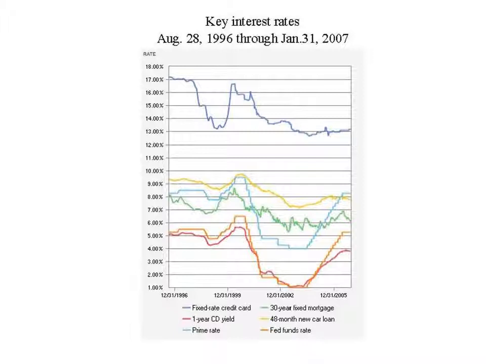When our nation's central bank alters the Fed funds rate, it definitely has an impact on the prime rate. And the prime rate's extremely important because that's the rate at which banks lend money to their most credit-worthy customers.